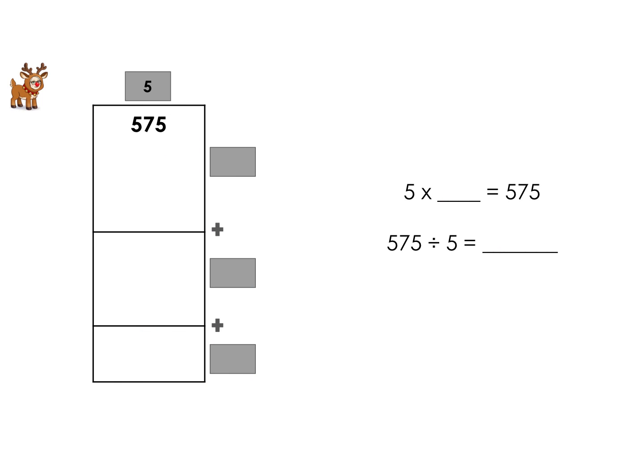Okay? So this time, my total area is 575. And this model that was provided for me shows that I'm going to break this into 3 individual areas to help me find this. So we know the side length from here to here is 5 because that is our divisor.